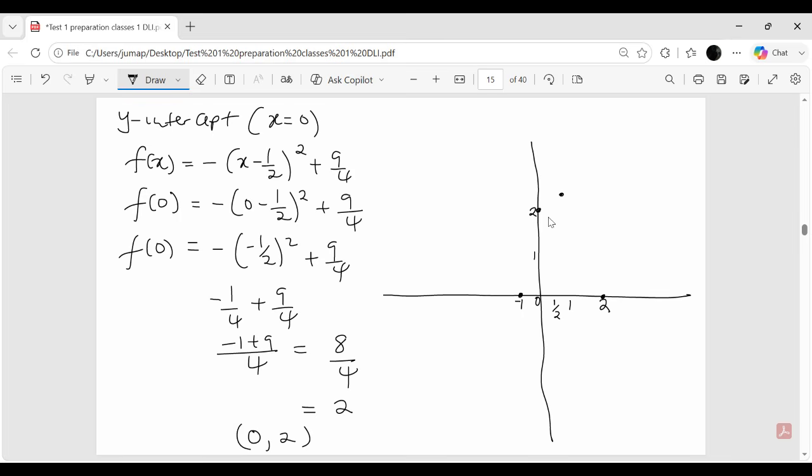As a result, this is 9/4, and this is the point. So I'll write 1/2 comma 9/4 like that, so that you can connect the points.